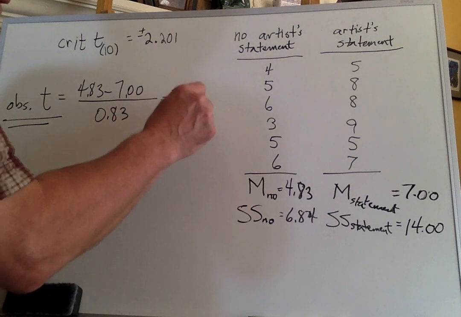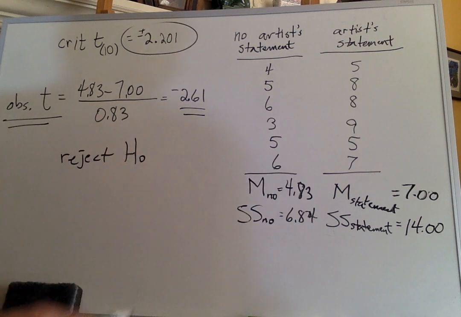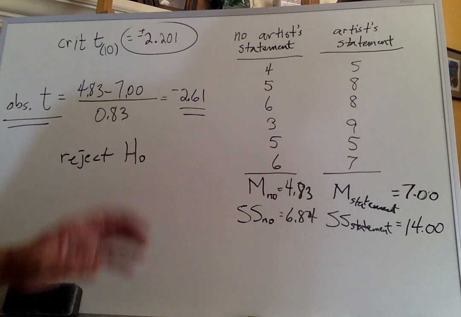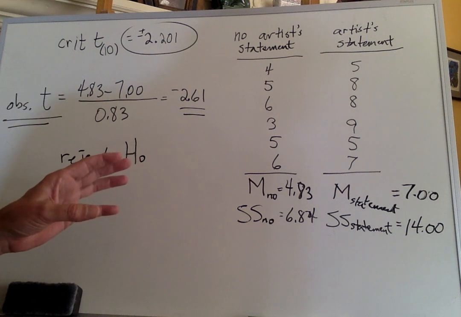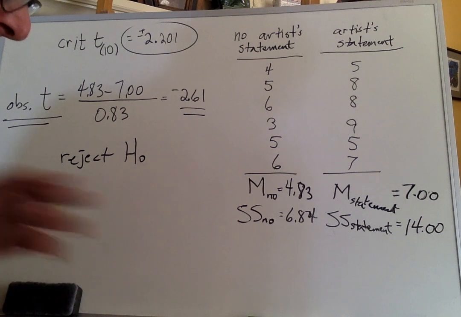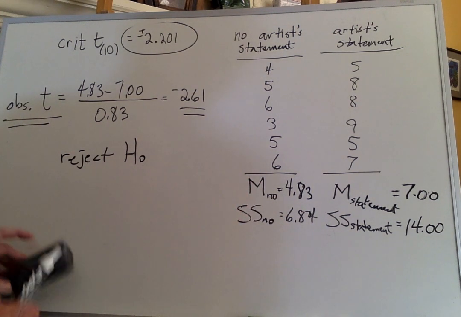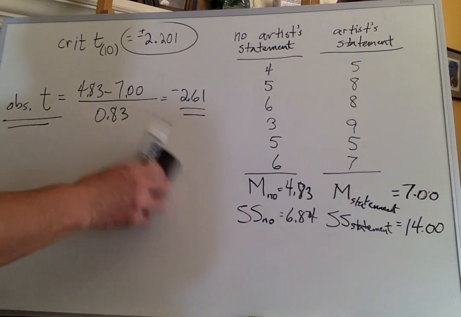Okay, so this is bigger than our critical, and so we're going to reject the null. If you look back at the symbols, the null is saying that the two groups are equal. We're rejecting that. So we're saying that they're different. So we reject the null.